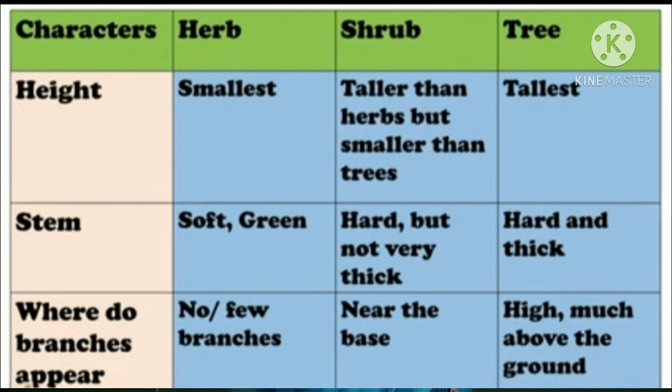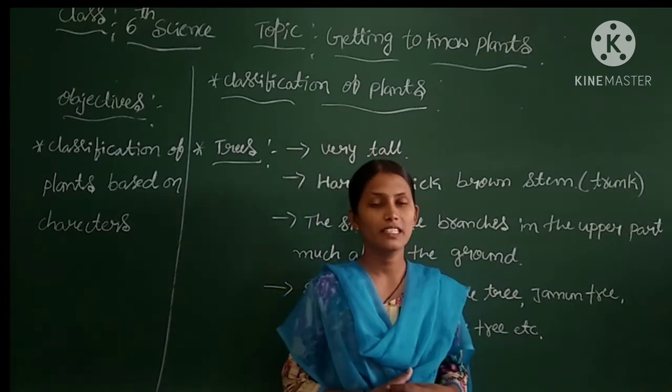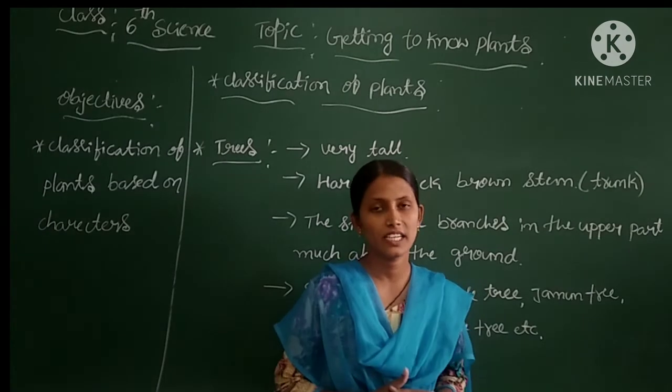Next one, trees. Trees are very tall and they have a hard and thick brown stem. And we can see the branches at the upper part of the plant, that is, above the ground. Here we have classified the plants depending upon these characteristics.